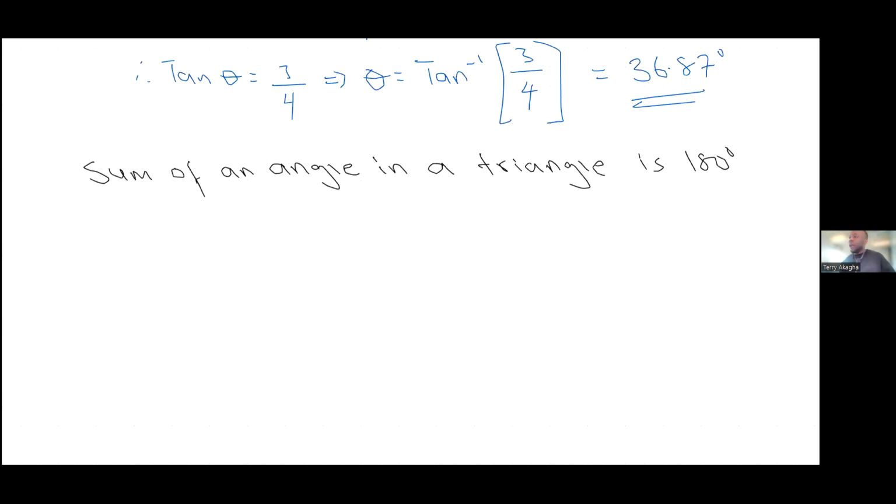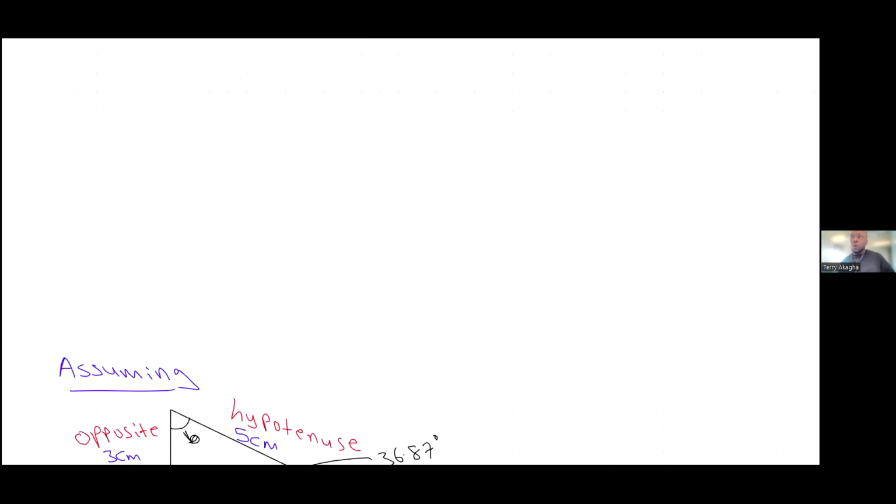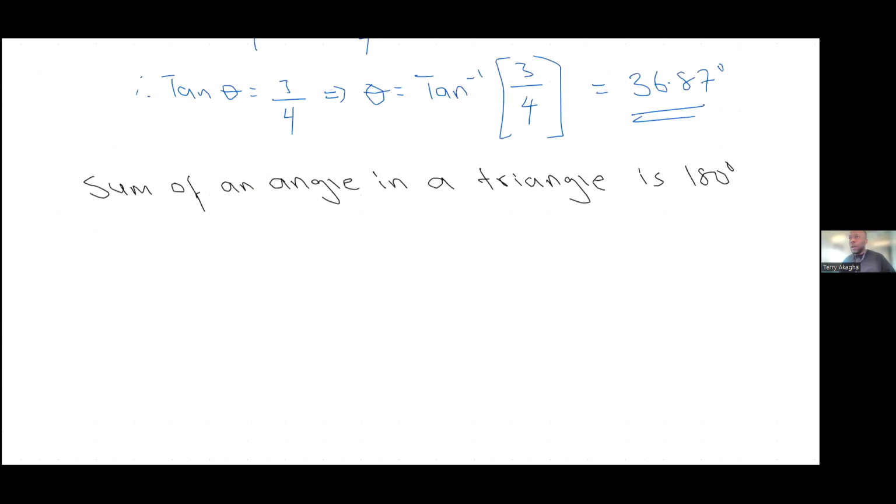So that means if I add up all these angles here, it's going to give me 180 degrees. Or, remember I told you as well in the previous video where I said theta 1 plus theta 2 is equal to what? 90 degrees. So you can use any of these and you will get the same thing. So I'm going to use the first one just to make it easy for me. I know that the sum of the angles is 180.